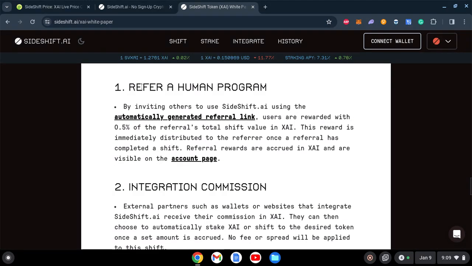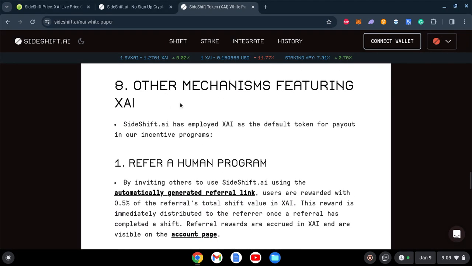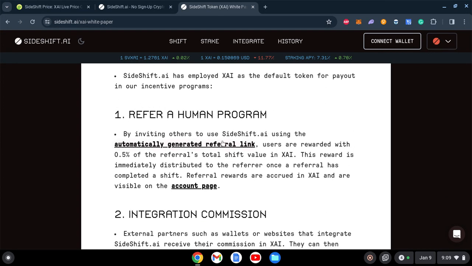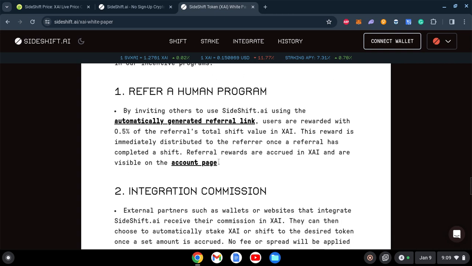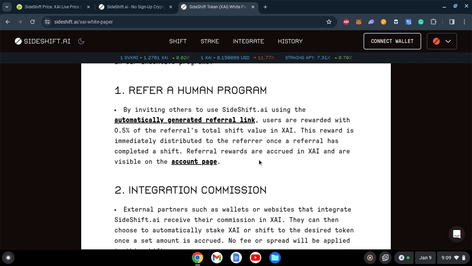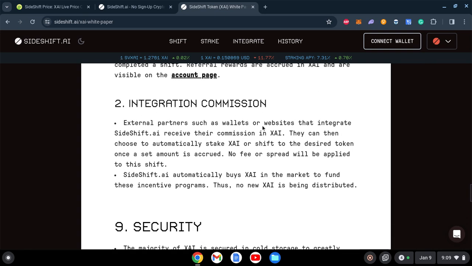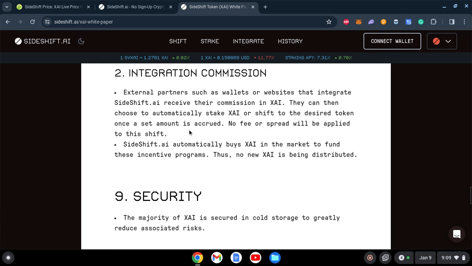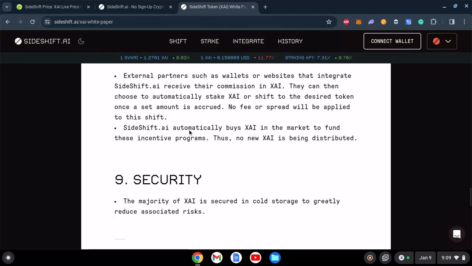Apart from that, let's see what other things they are doing. Other mechanisms featuring SAI: the refer-a-human program, by inviting others to use Sideshift.ai using the automatically generated referral link. Users are rewarded with 0.5% of the referral's total shift value in SAI. So basically they get a 0.5% commission. External partners such as wallets or websites that integrate Sideshift.ai receive their commission in SAI.